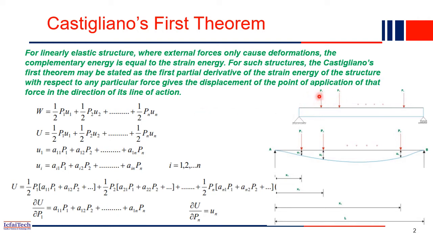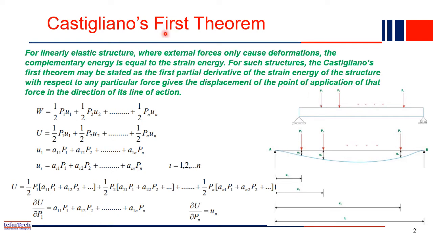If one or two UDLs or a point load are acting, the geometric method, whose three methods we discussed in detail, can be employed. Whereas if complex loading is acting, for example multiple point loads, UDL, UVL, many combinations of loads, then in real structures loads are not symmetric or simple. In that case, the geometric method may be difficult to use, and the energy method will be very useful.